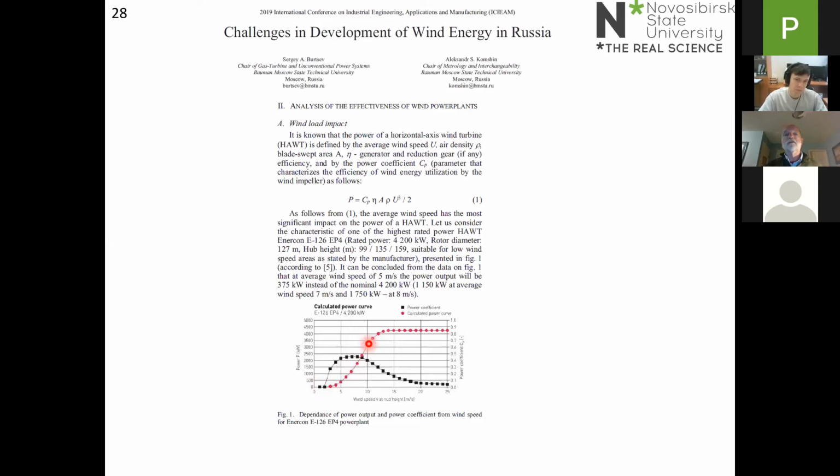The procedure for determining the power curve for a wind turbine requires a field test, a test of the turbine in a real situation.